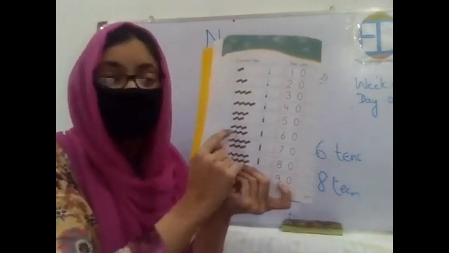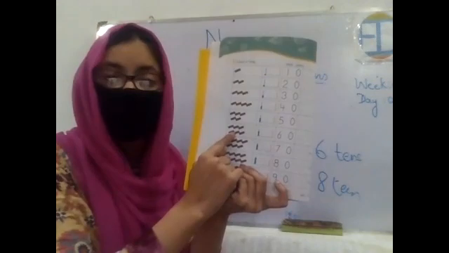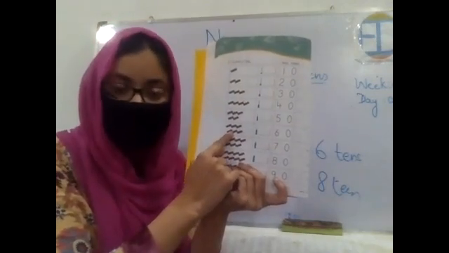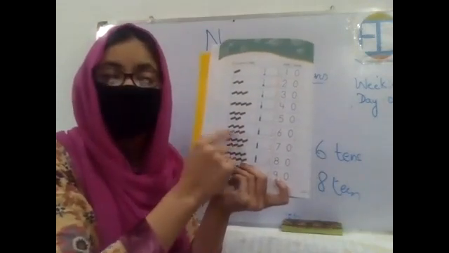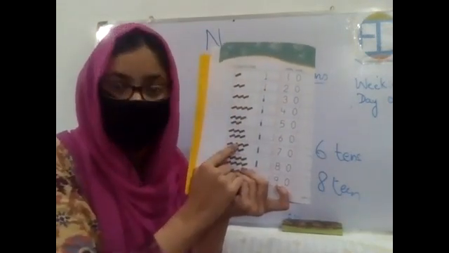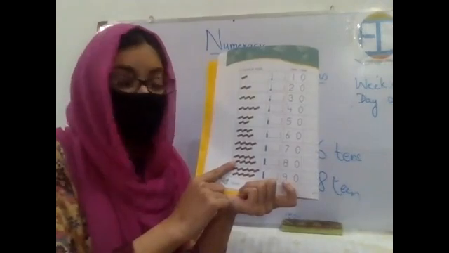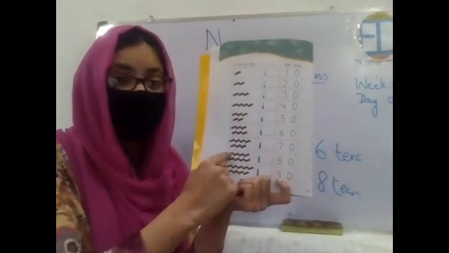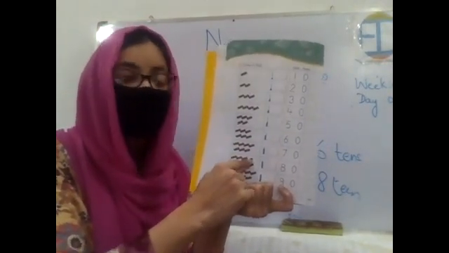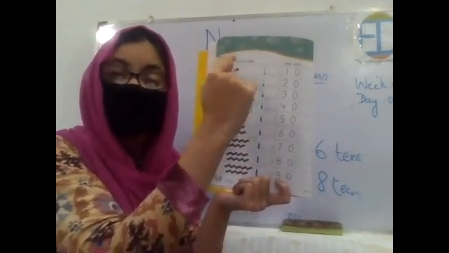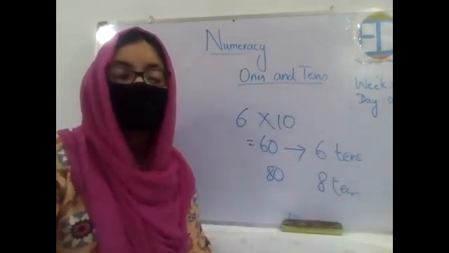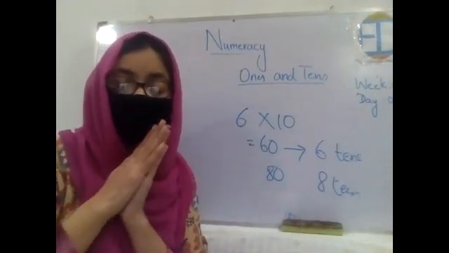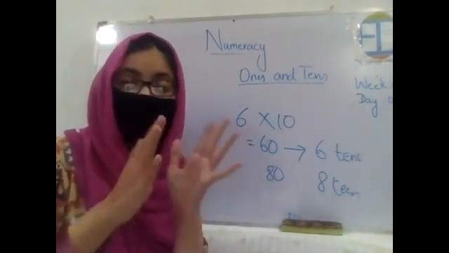Now when you have 6 such bars, this means they are 6 tens, right? Now you will not count them again, because you can easily recognize that this is similar to this. Look at this one. It has 8 number of bars. So this means they are 8 tens, right? Because we have 10 number of objects in this, so this also has 10. As I showed you the bundle of ball points, I told you that this has 10.